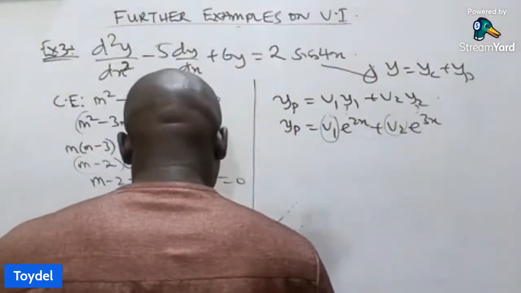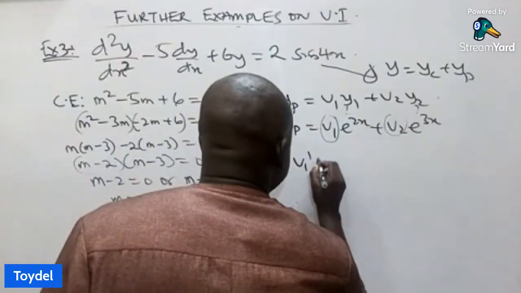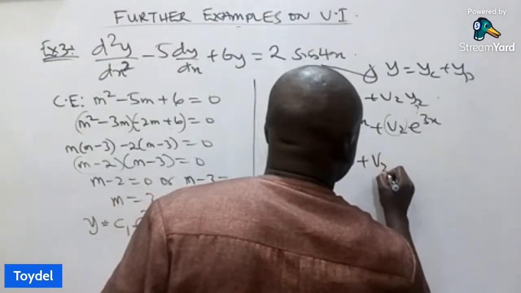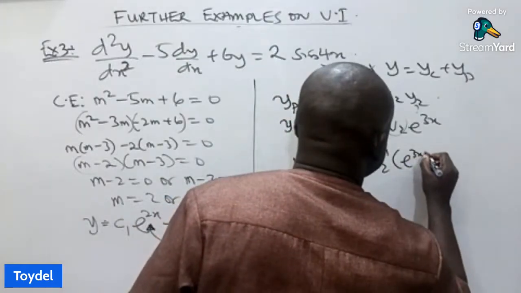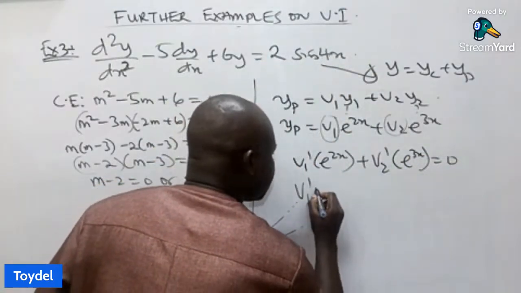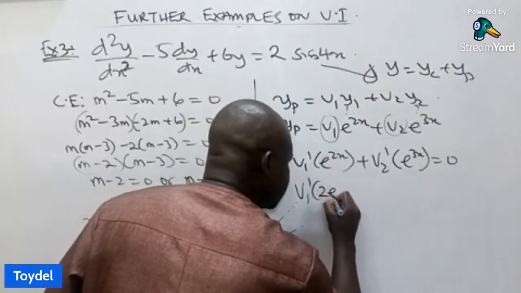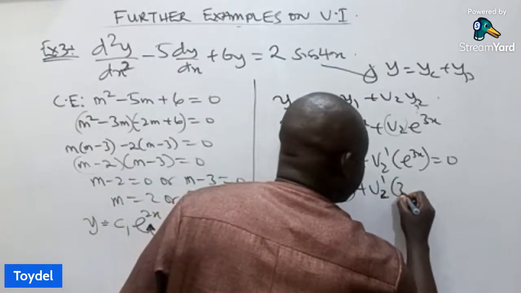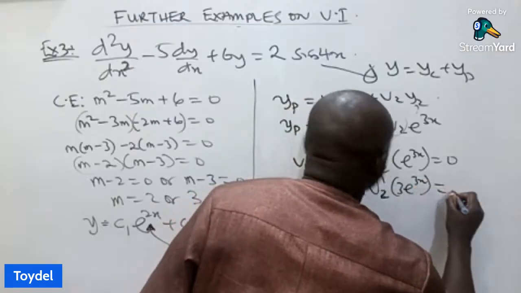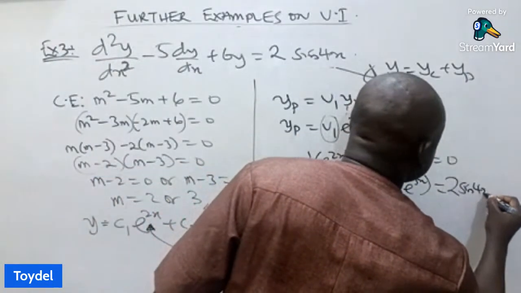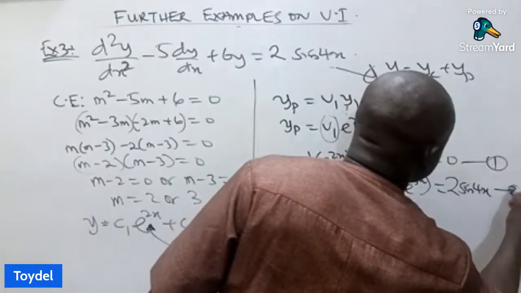That is, we say v1 prime e^(2x) plus v2 prime e^(3x) is equal to 0. Then for the next one, we differentiate what we have here: v1 prime 2e^(2x) plus v2 prime 3e^(3x) is equal to the right hand side here, 2 sine 4x. This is equation 1. This is equation 2.